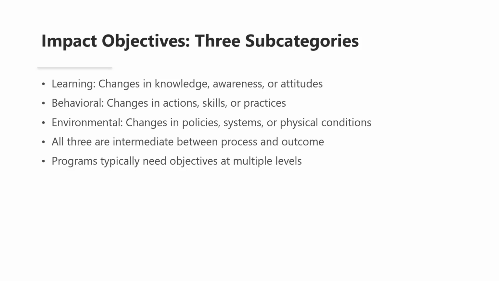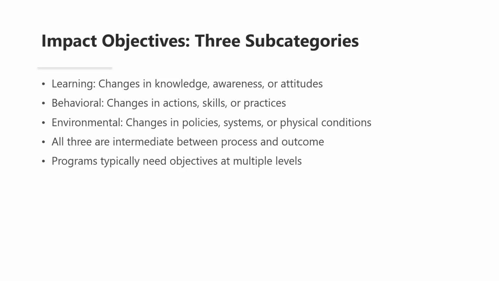Now here is why this matters to you as a program planner. A comprehensive health education program should have objectives at multiple levels of the hierarchy. You might have process objectives to track program delivery, learning objectives to assess knowledge change, behavioral objectives to measure action change, and outcome objectives to evaluate long-term health impact.